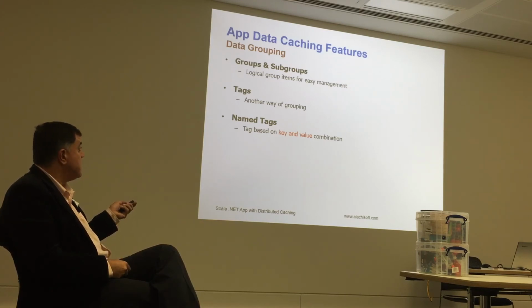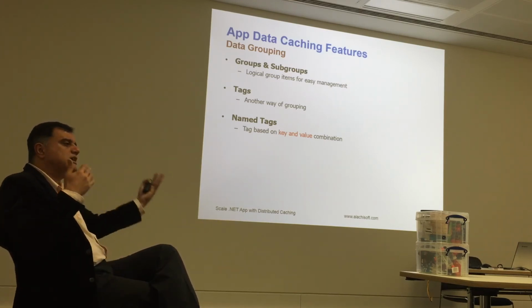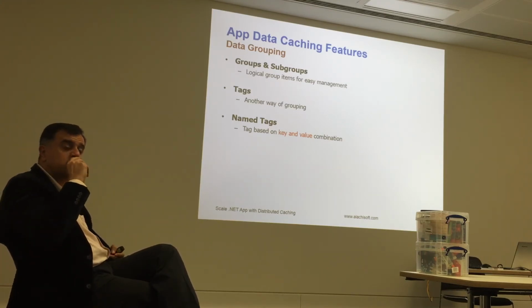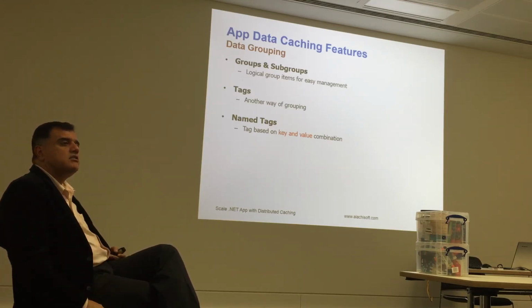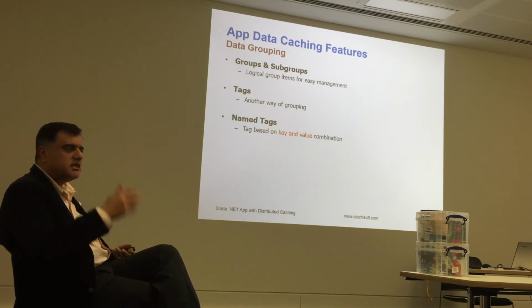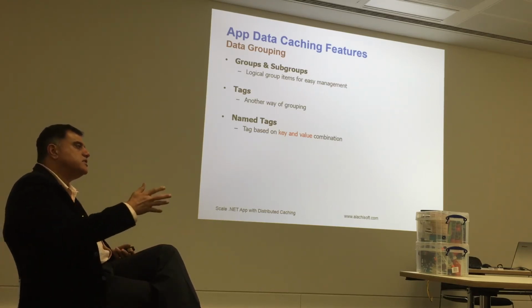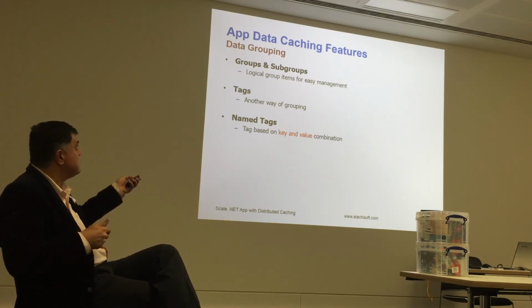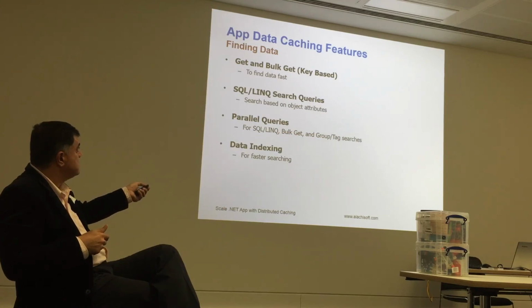Name tags are the same as tags, except they have a key and value. So every tag has a name and a value. So sometimes you need to do that. For example, you've got plain text. You're caching text, but maybe it's XML or something, and you want to be able to search on certain tags within that text. In case of objects, NCache will automatically index them for this.